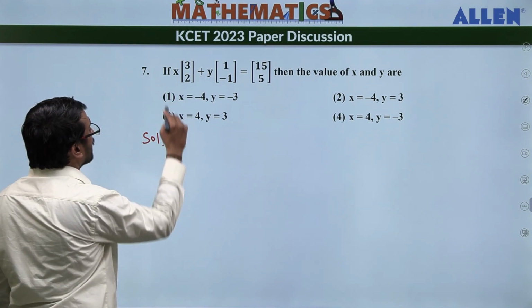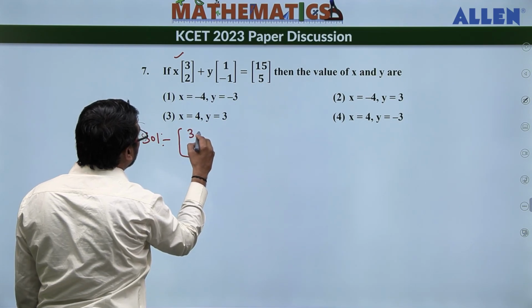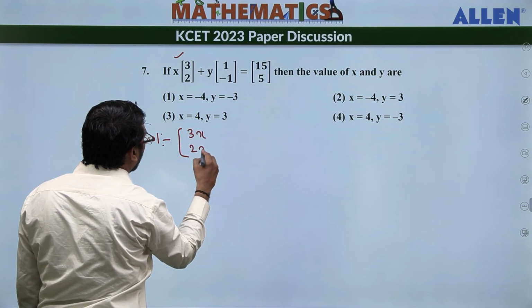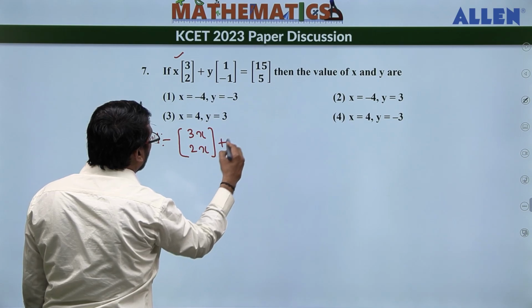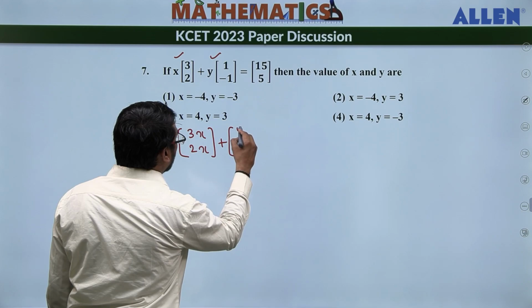Multiply x into 3 by 2, 3x, 2x. And this one, y minus y.